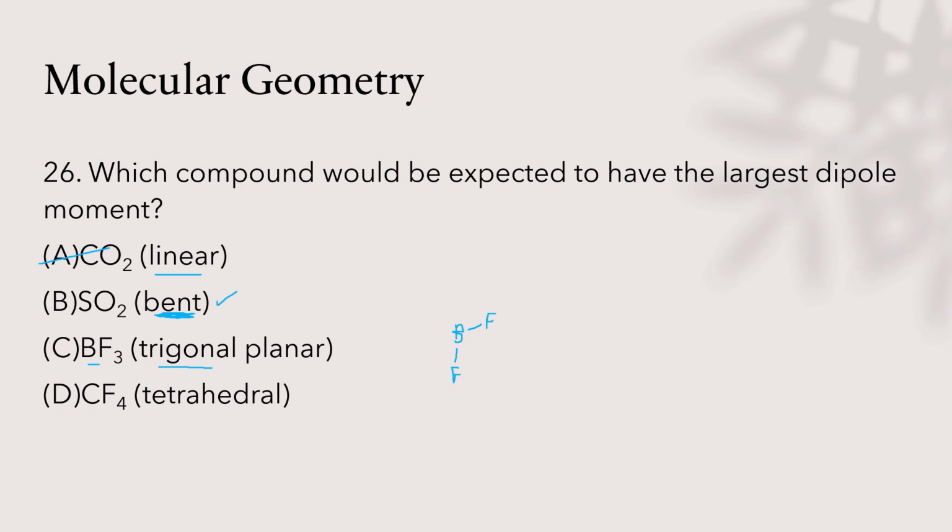So if there are no lone pairs on the central atom and all the terminal atoms are the same, this guy is also nonpolar, meaning no dipole moment. Last but not least, we have CF4, and this is tetrahedral. So once again, central atom, no lone pairs on it, and all terminal atoms are the same, so that's nonpolar as well. So choice B is going to be our answer.